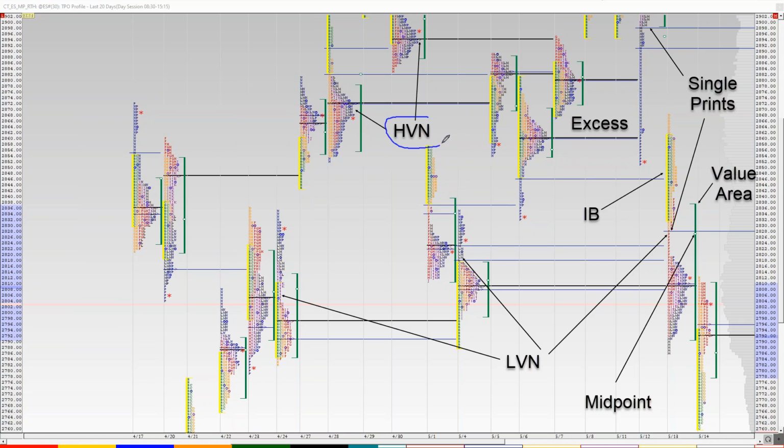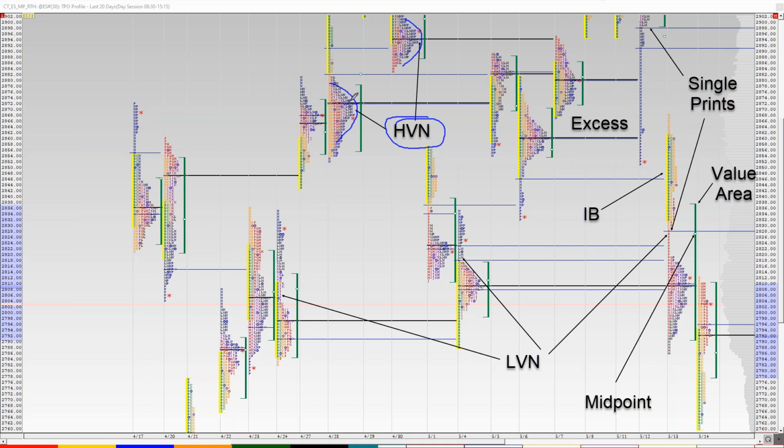And so a high volume node is the fat area of the profile, or the acceptance area of the profile, generally encompassing the point of control. The point of control is the POC, traditionally called the mode in statistics. It is the price at which the highest number of bars had traded.